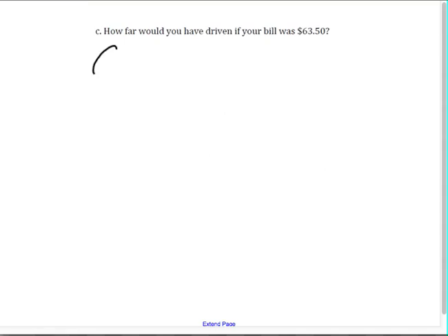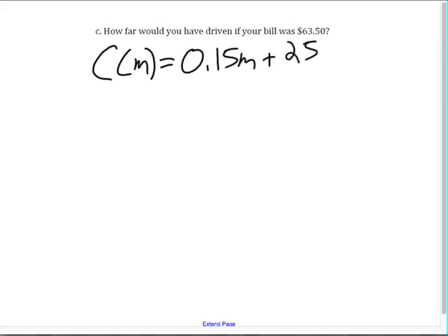Next one, same model. C of m is equal to 0.15 m plus 25. Okay, so 6350. Now I've substituted for m. I know that I need to basically substitute for the other one. That's another way you can look at it.